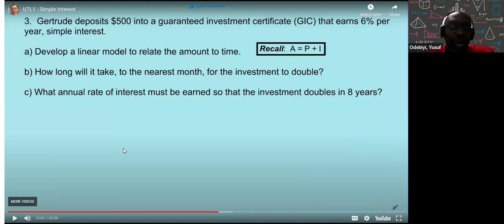Because it's simple interest, it is a linear model. That means it's going to go up each year by the same amount because it's simple interest. When we get into compound interest, it's not going to be the same because every year you have a new principal, a new initial amount.